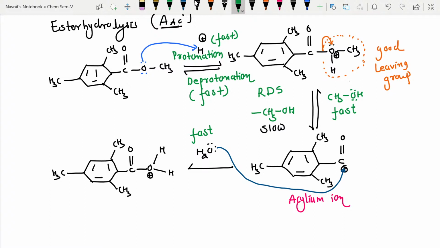The water molecule leaves, and we get this structure. But the elimination of water and the formation of the carbocation is a slow step. In the slow step, the water molecule is eliminated.